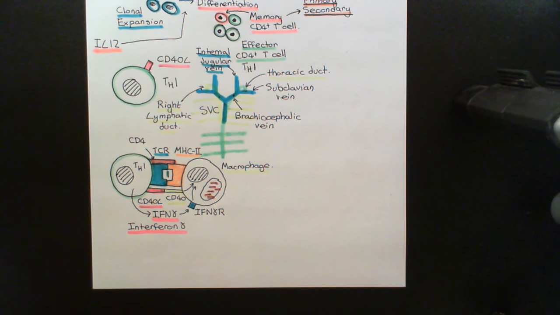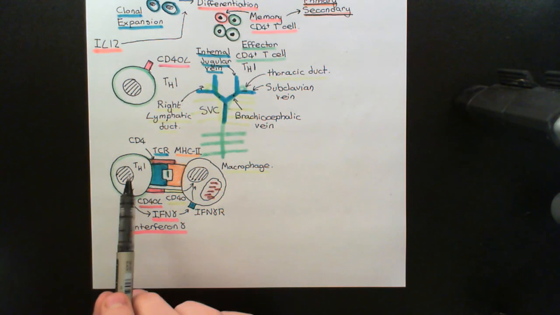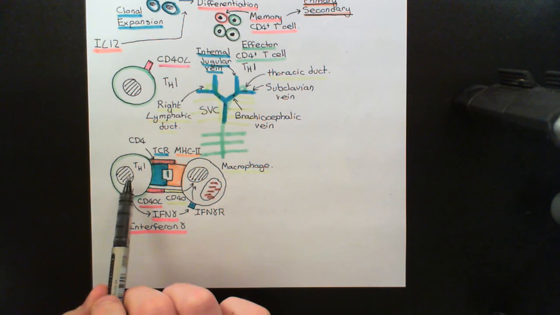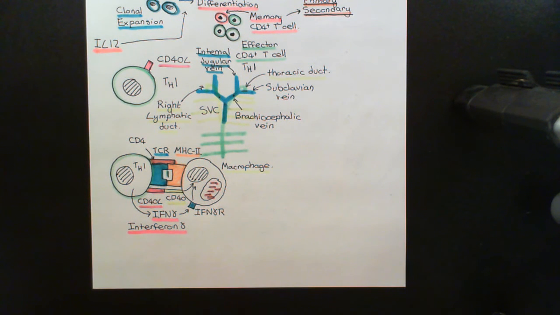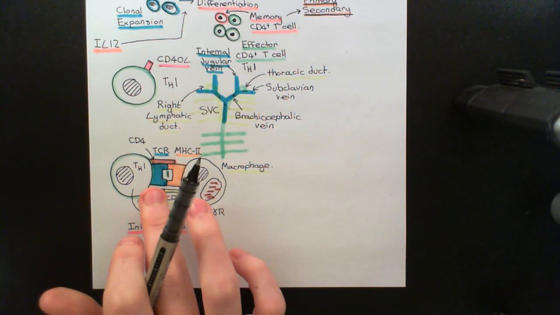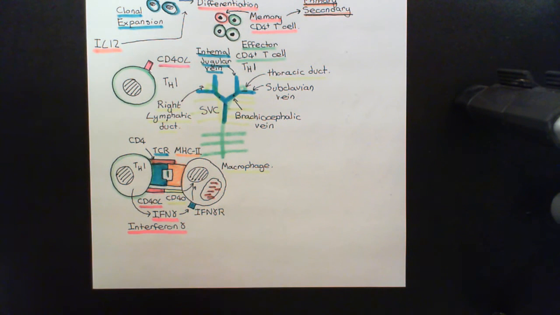Each antigen has a huge number of different peptide fragments, so you can get lots of different T helper 1 mediated adaptive immune responses initiated, where you have different T helper 1 cells that have different T cell receptors directed against different peptide fragments from the Mycobacterium tuberculosis cells. You won't just be doing this for one peptide fragment, you'll be doing it for loads of peptide fragments. So you'll get loads of T helper 1 cells being produced, and these are going to assist the macrophages.